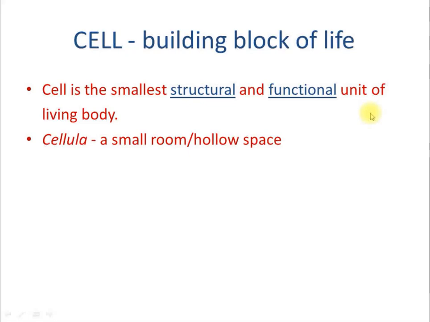Okay, we were discussing the topic cell, and we have discussed very basic details related to this chapter, that is definition. We have learned that cell is the smallest structural and functional unit of the living body.